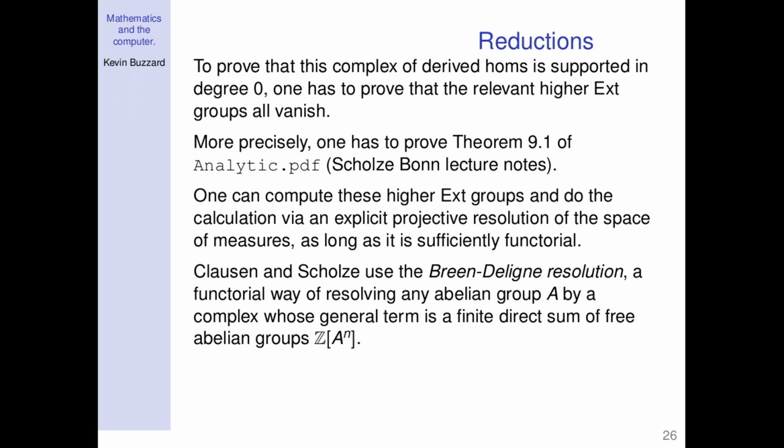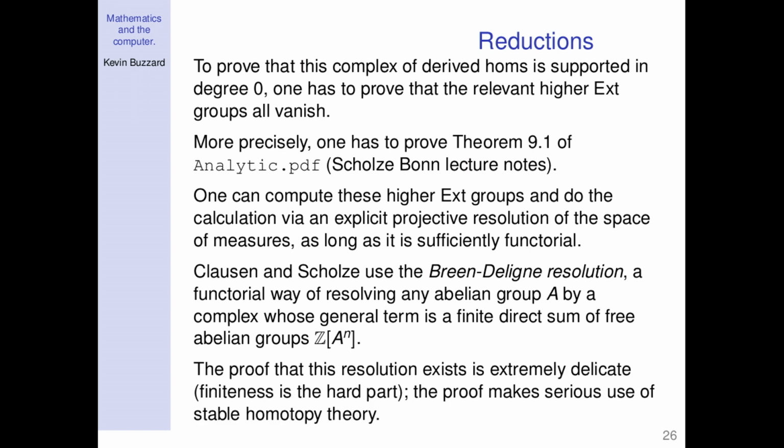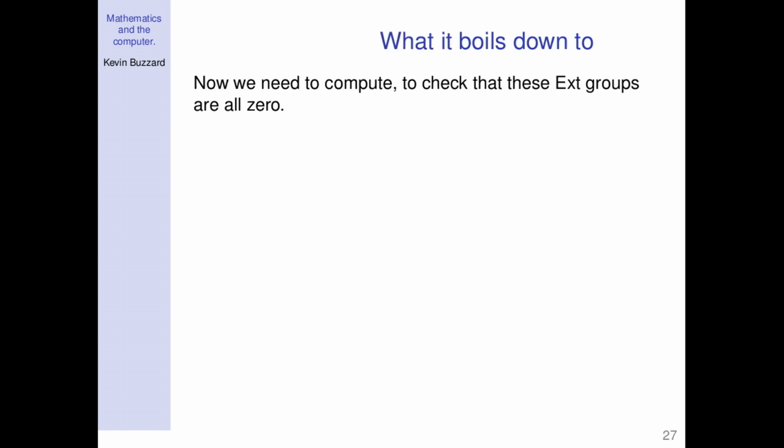So there's this Breen-Deligne resolution, and unfortunately the proof that it exists is extremely delicate and uses a lot of stable homotopy theory. So that's an unexpected application of topology in what we're doing.